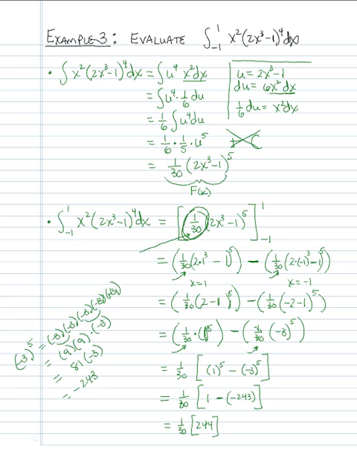Oops, I'm at the bottom of the page. Let's go ahead and say that's 244 over 30. And that will reduce. 2 goes into both of those. 2 goes into 244 122 times, and into 30 15 times. And those two don't have a common factor, so this is our final answer.